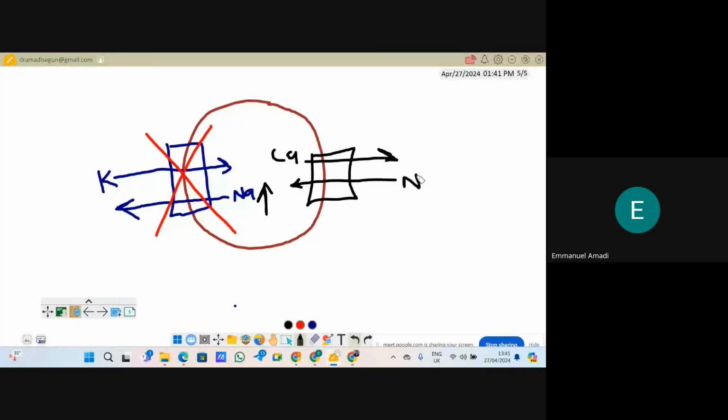Now, the body tries to regulate everything at normal concentration. It doesn't want it to go so high. It doesn't want it to go so low. It tries to regulate it in a normal fashion. Now, because the digoxin has inhibited this sodium potassium ATPase transporter, and you have sodium accumulating, automatically the body will also want to shut down this transporter. This is not the digoxin doing this now, but the body wants to shut this down.